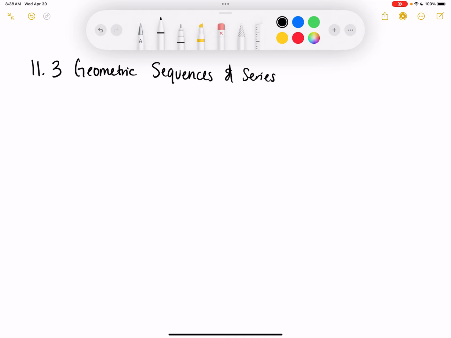So, let's see. I'm just going to write it this way. Geometric sequence.